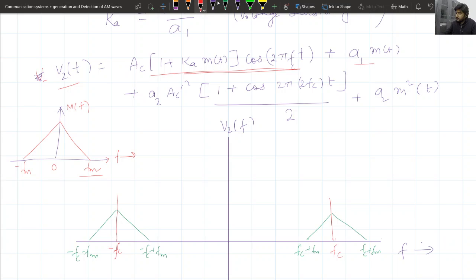Moving on, this is our baseband signal. So on the frequency domain, similarly, this component has a frequency of 2 times fc.